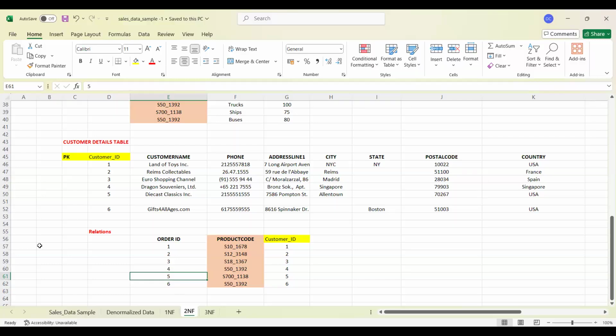All right. So this is how we will store all the primary key columns in one table, and we will name this table the relations table. Whenever we are creating the foreign key syntax, after writing the column name we will write references.